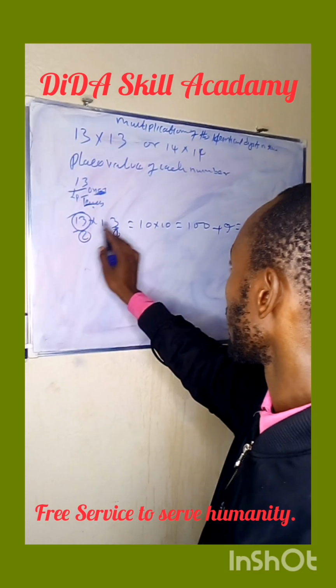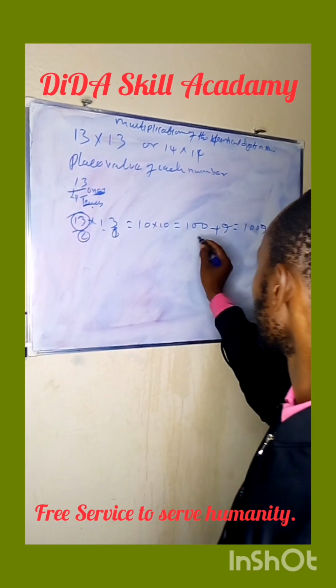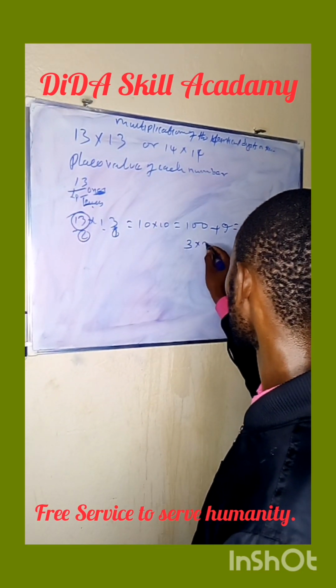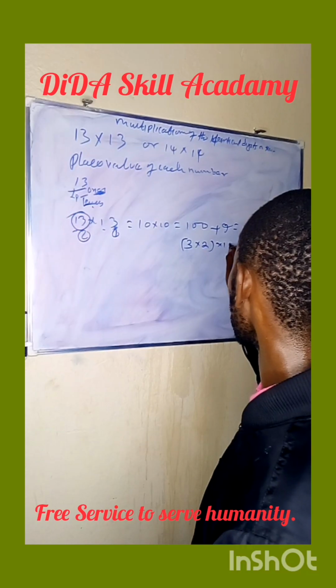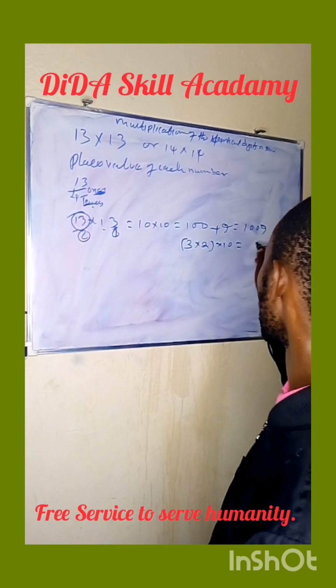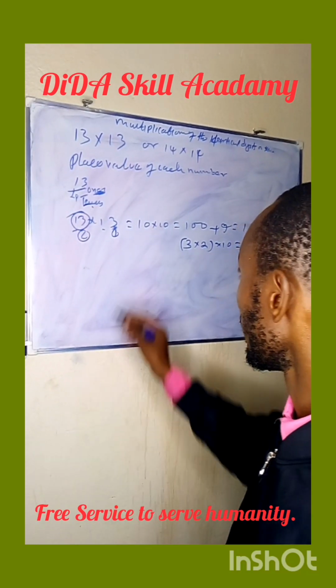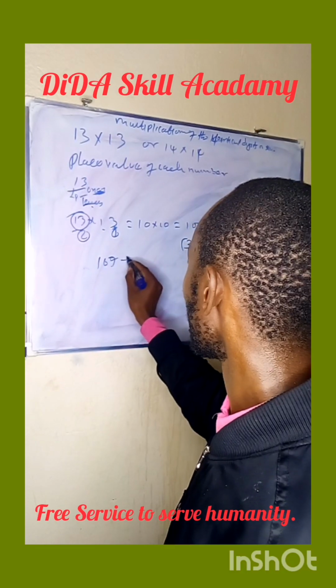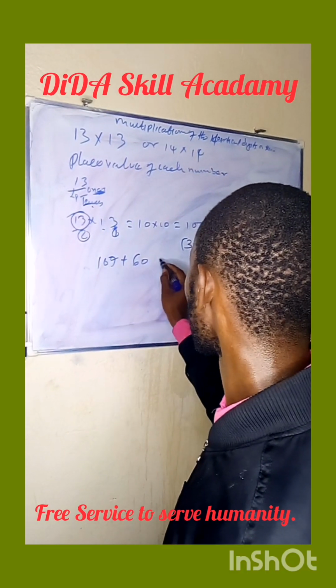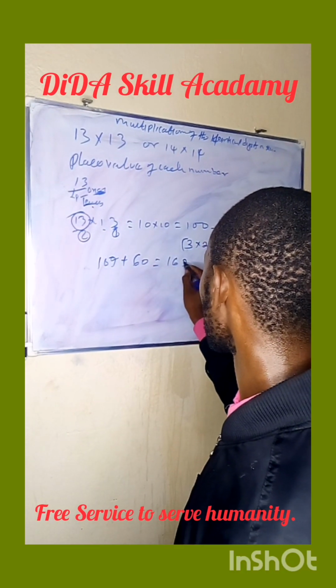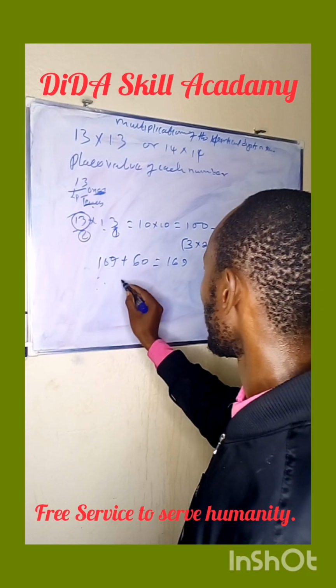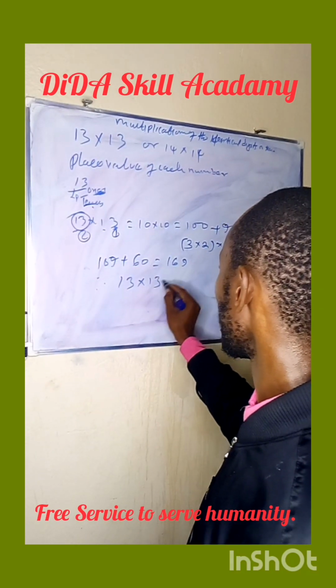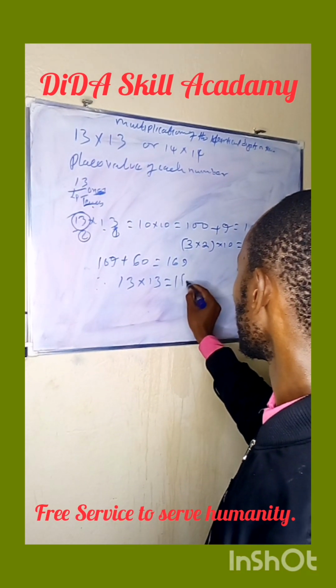So here we have 3 times 2. We have 3 times 2 times 10, which is equals to 6 times 10, which is 60. Therefore 109 plus 60 is equals to 169. Therefore, multiplication of 13 times 13 is equals 169.